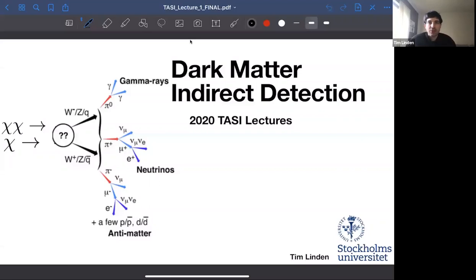Great. Thanks so much for having me. It's too bad we're not all able to meet in person, but welcome from Stockholm, where it is 7 p.m. and we'll be bright for another 4 hours. So I'm here to talk about dark matter indirect detection today, and I want to motivate, as a very poor historical record, some of the major observations that led to our knowledge of dark matter as we see it today.